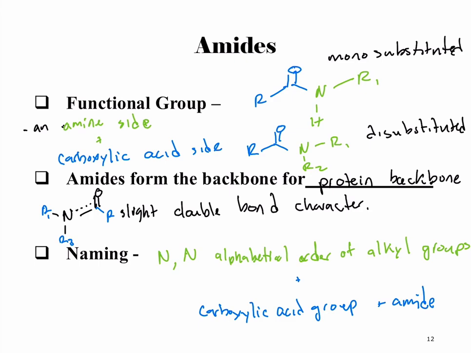You would put N-methyl, for example, N-methyl hexane amide. You might also see carboamide if you're studying with other sources. Carboamide is just replacing the amide there.